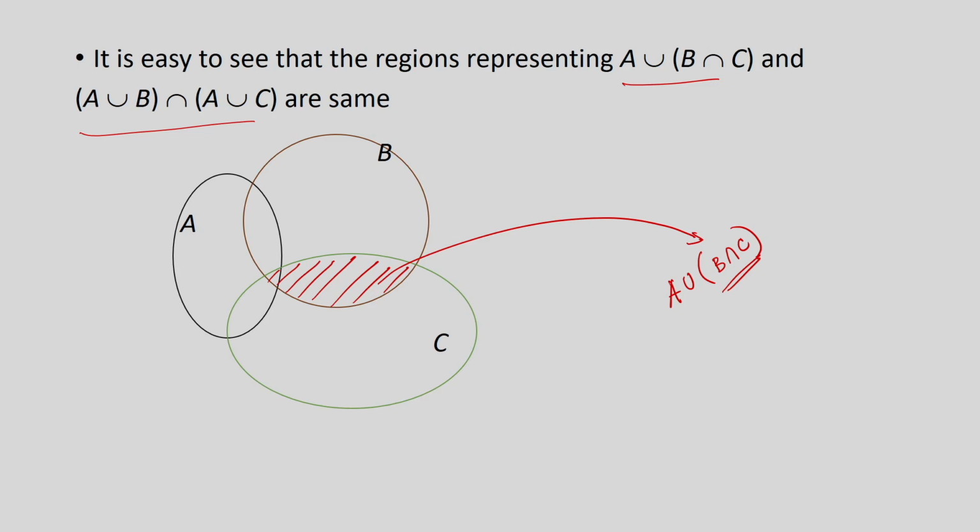And what about A union of B intersection C? That will be the set which will include this B intersection C region. Additionally, it will also include the complete set of A. So, this one and then you have the entire A added to that.